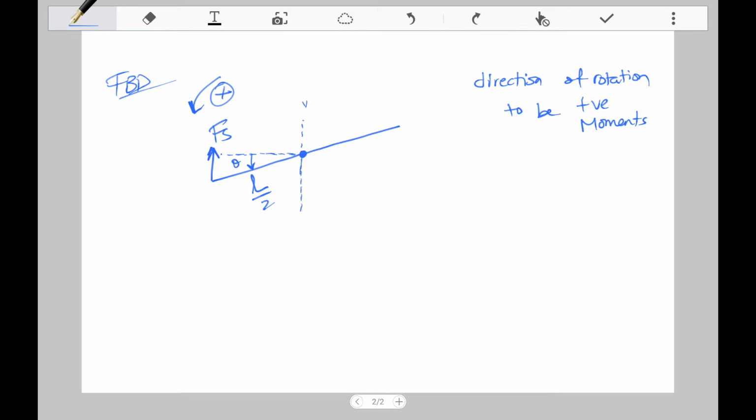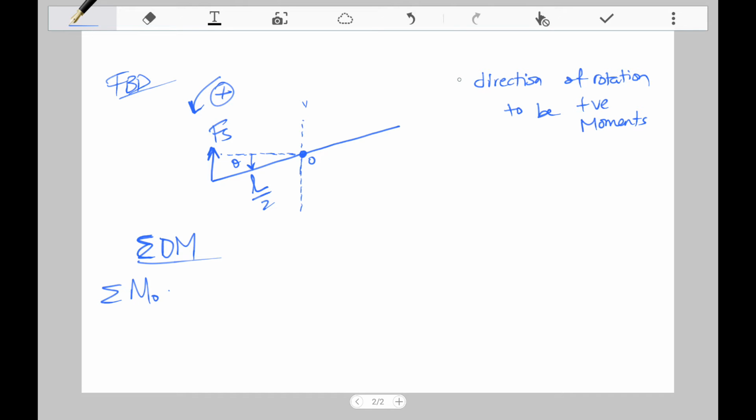Oh, there's no need for that line to be there. Okay, so let's do the sum of moments. That's for the equation of motion, right? We're going to do a sum of moments about point O, the axis of rotation.